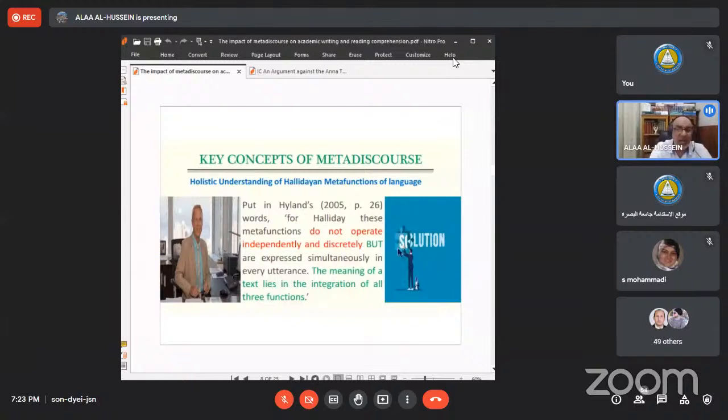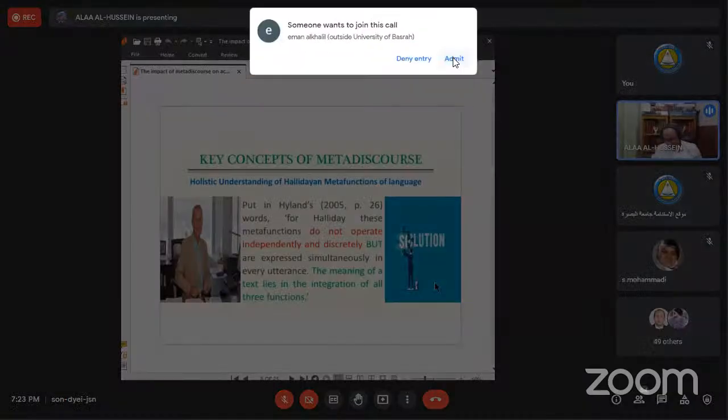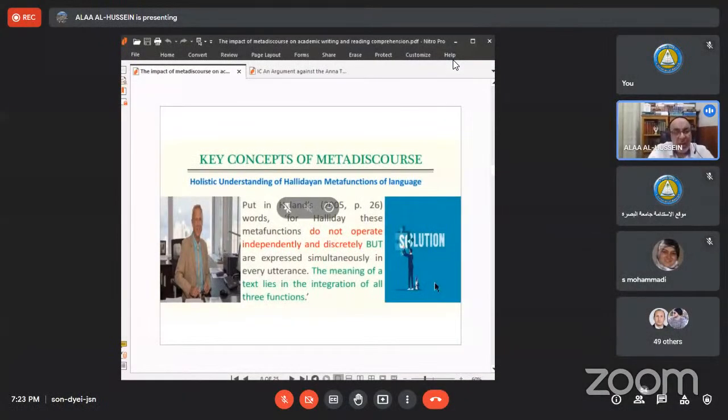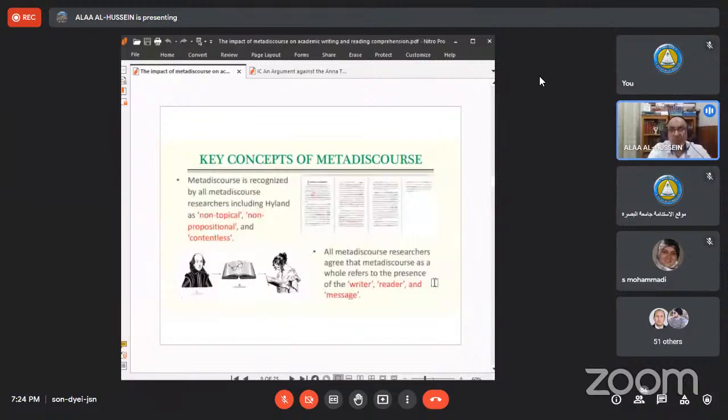So Hyland understood the missing jigsaw piece to present another robust and clear-cut understanding of meta-discourse. That's why he built his interpersonal model of meta-discourse on this understanding, as we are going to see in his model.